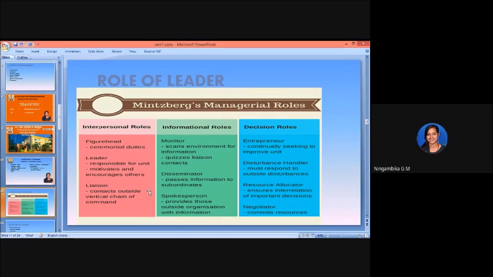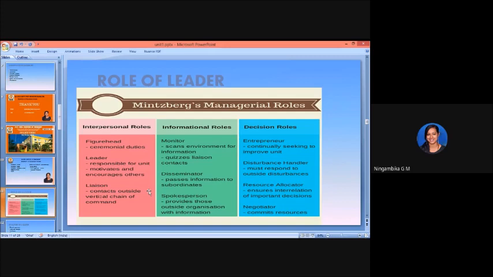He tries to keep a vertical chain of command and some kind of bonding between them. It might also be other departments inside the company, because work cannot be completed in one department only. There might be a need to go to other departments, like HR to marketing, marketing to finance. So how well he has kept a relationship with the other departments, that talks about the liaison.